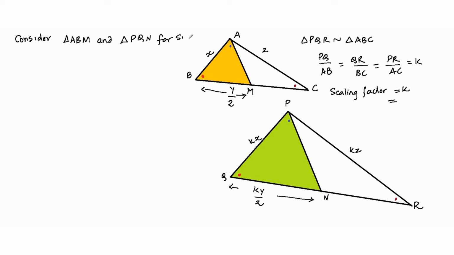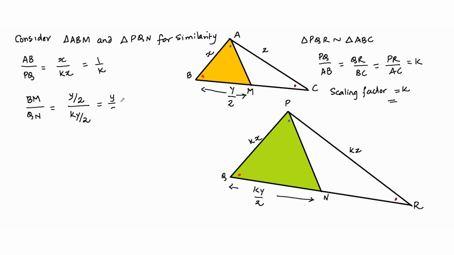We have AB divided by PQ equal to x divided by kx, that equals 1 by k. Similarly, BM divided by QN is equal to y divided by 2 divided by ky divided by 2.